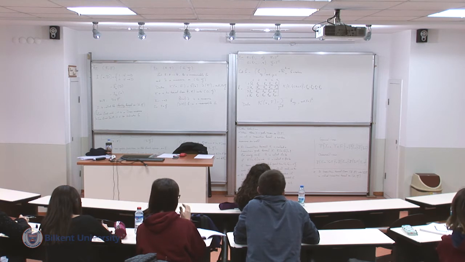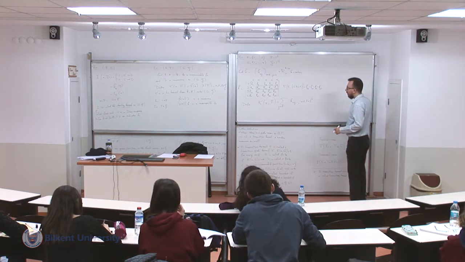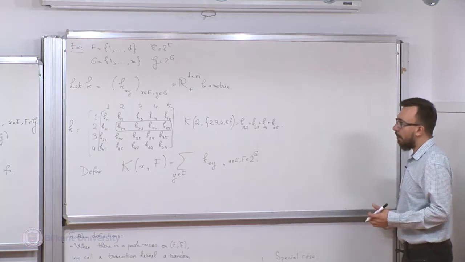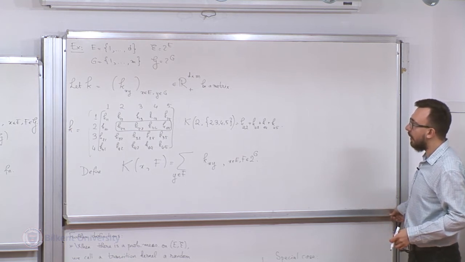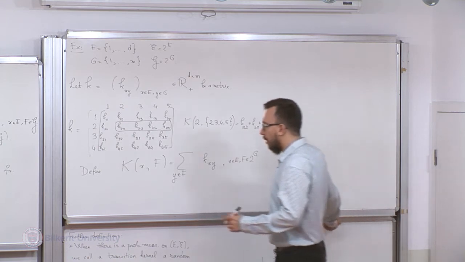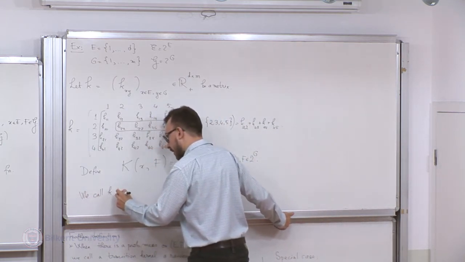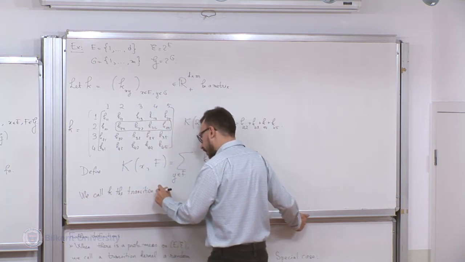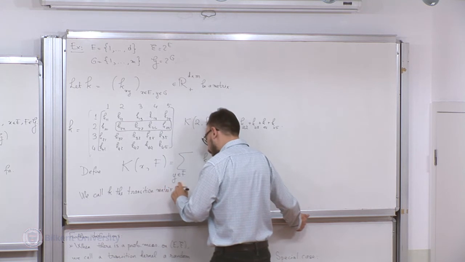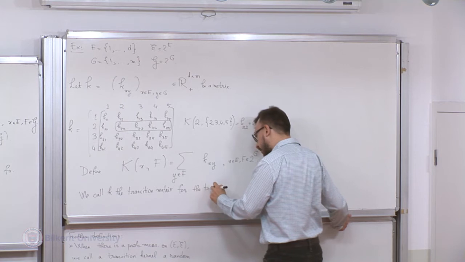Markov chains, right? So this can be, for instance, the transition probability matrix of a Markov chain, if you know what a Markov chain is. Of course, this is not something that we have discussed so far. Anyway, so we call k the transition matrix for the transition kernel K.